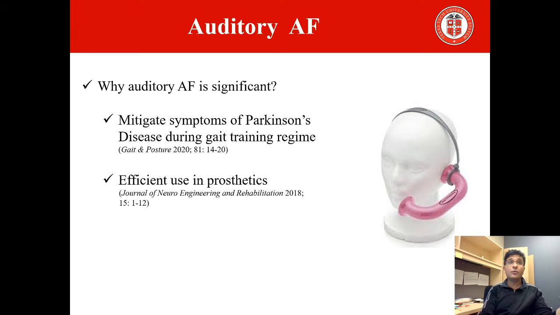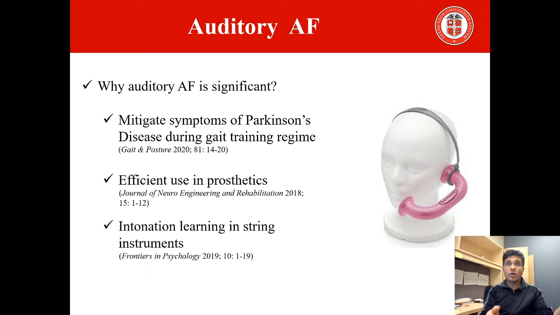It's also helpful in people who are trying to learn motor movements through artificial prosthetic hands. And it's also helpful in the normal healthy population if they are trying to learn instruments, for example, intonation learning in string instruments. So it has a variety of uses.